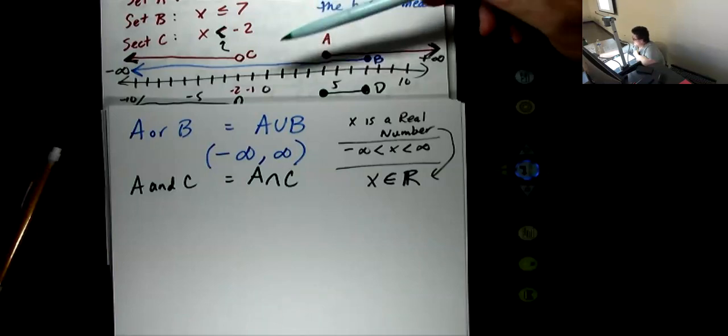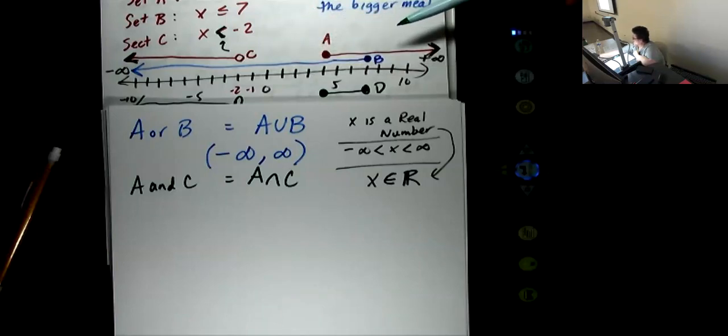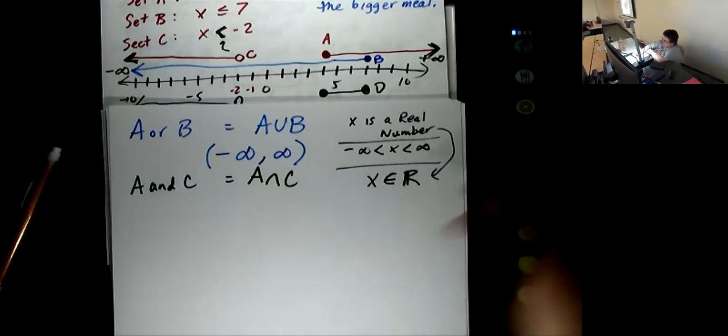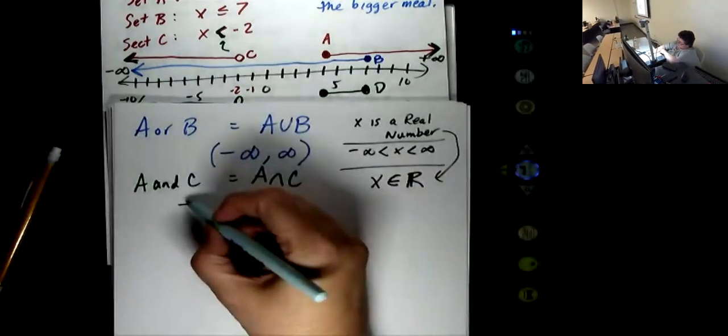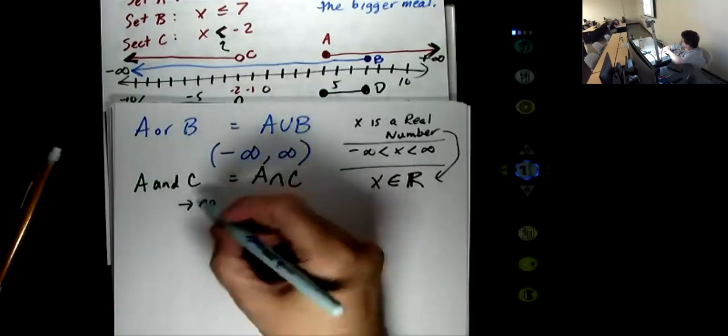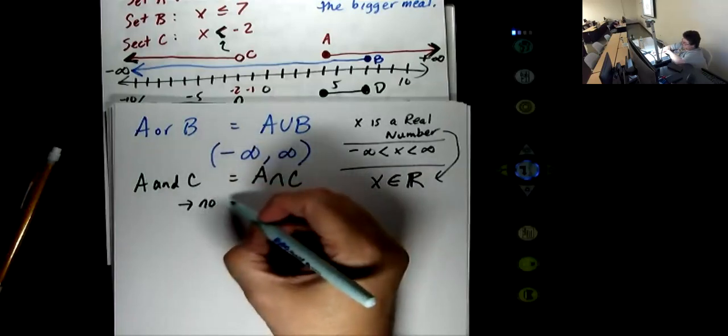But A and C do not cross, which means there is no value or no solution.